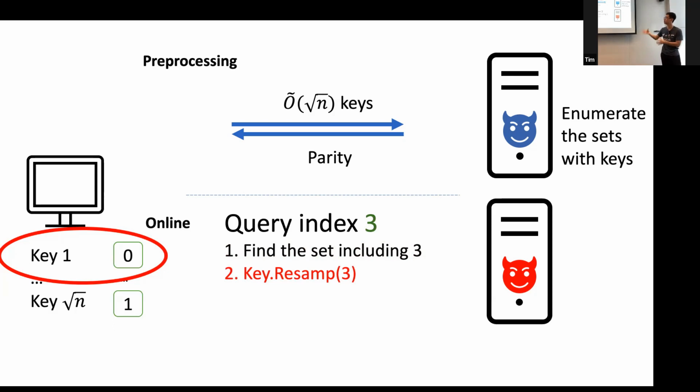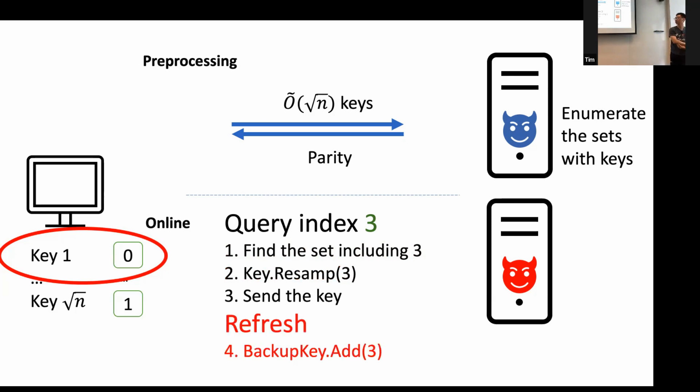So we need to do the resampling on the key instead of the original set. And then the client simply sends this key. And during the refresh phase, the client needs to promote the backup key to the primary, and you need to manually add 3 into that set. Okay. So now that's actually just our efficient two-server scheme.